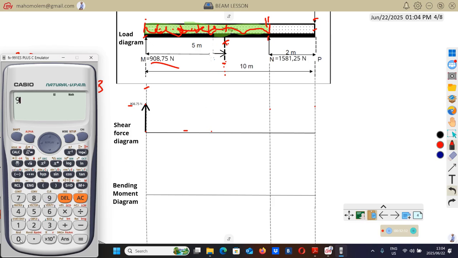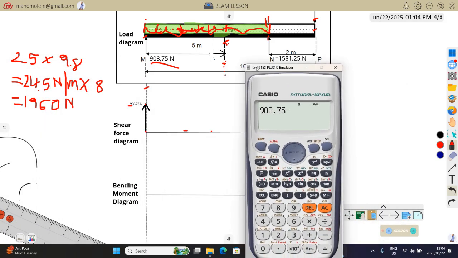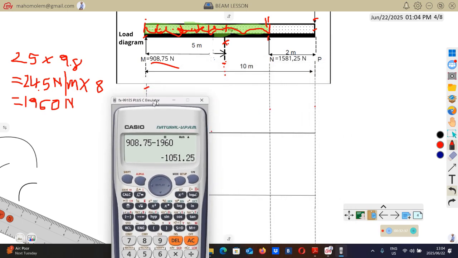Right, you will say 908.75 minus that total downward force, 1960, equals negative 1051.